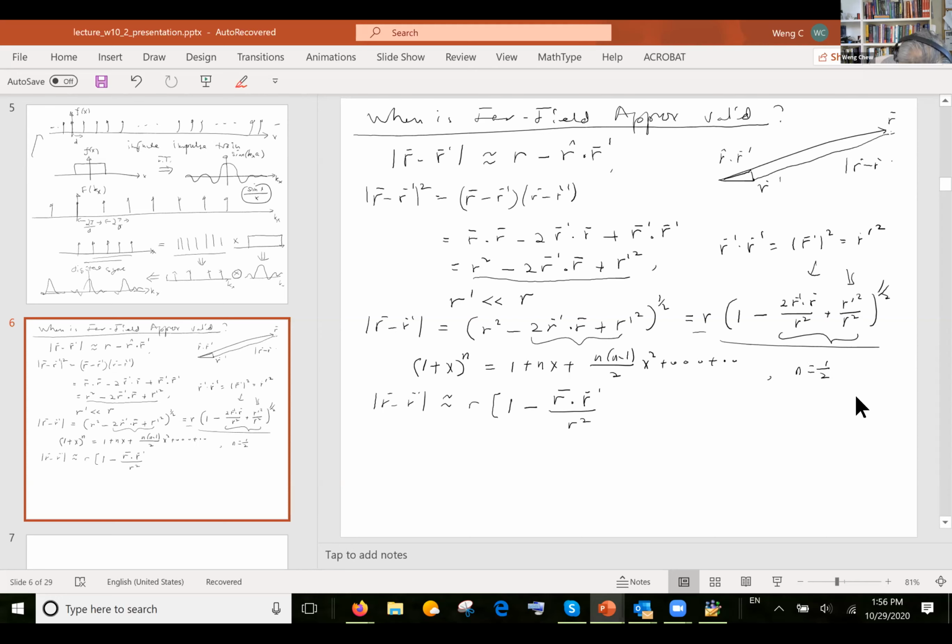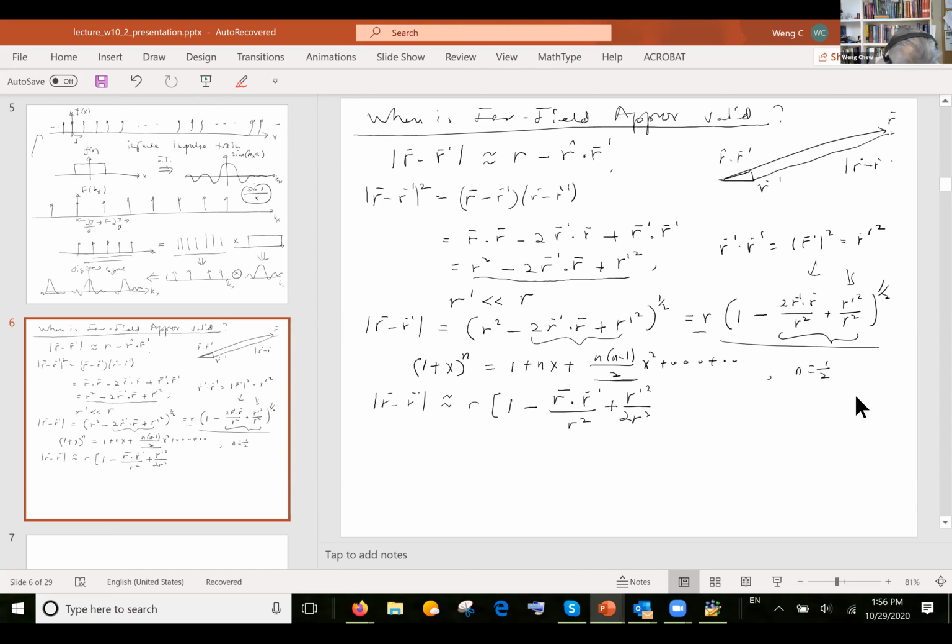So this half makes the 2 go away. And then the second term that I should keep is r squared over 2r squared. And then I will have to keep the next term over, which is this term over here. If I were to keep this term, it will contain the square of the small number.